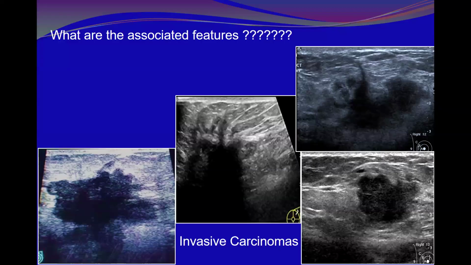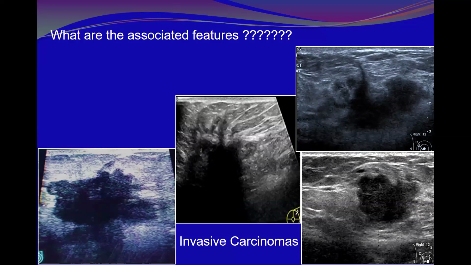All of them are associated with architectural distortion. Ductal changes are architectural distortion. Skin tethering is architectural distortion. Cooper ligament changes are architectural distortion.